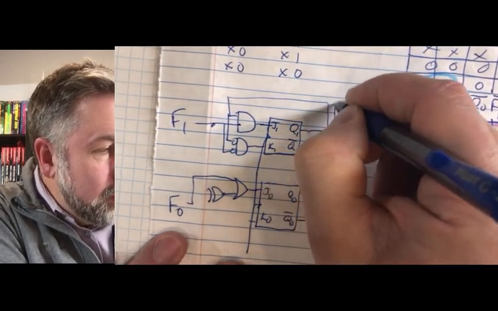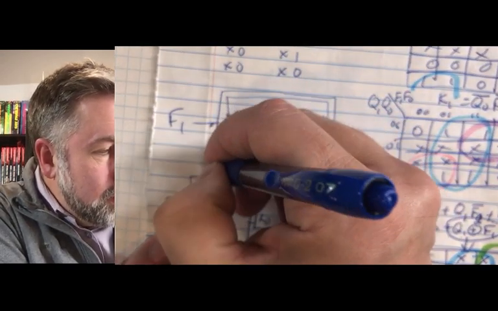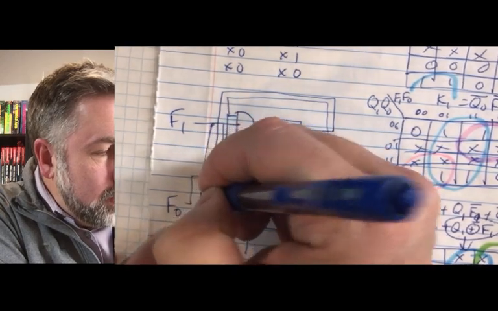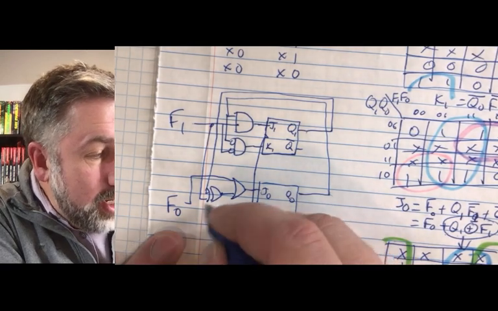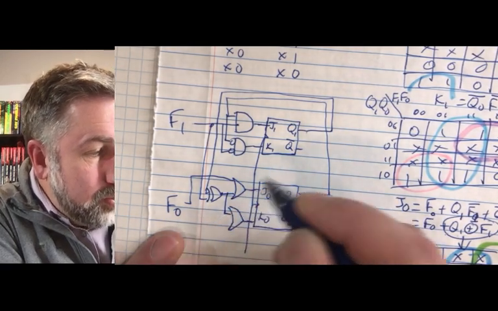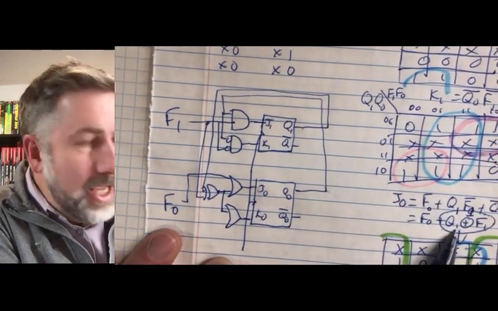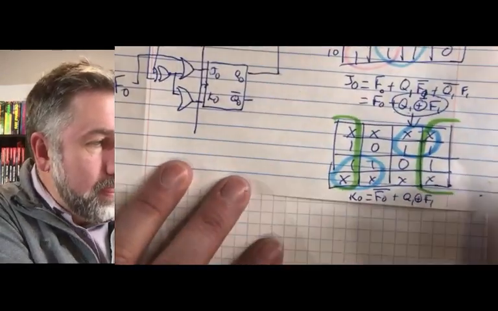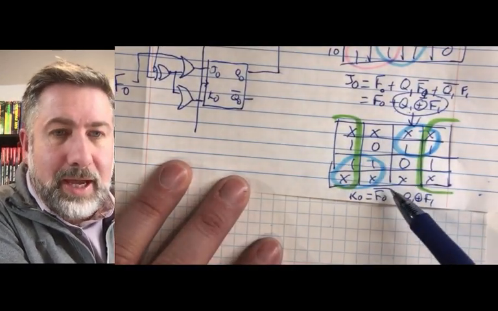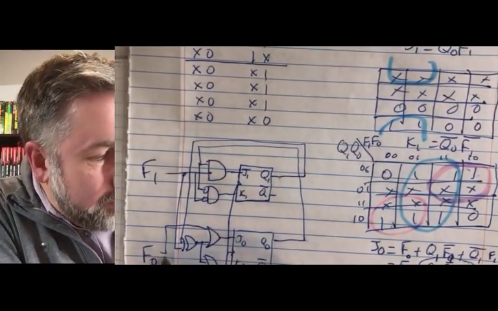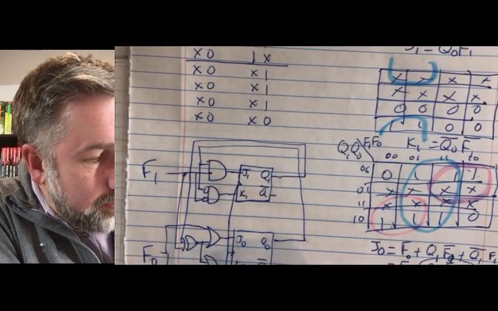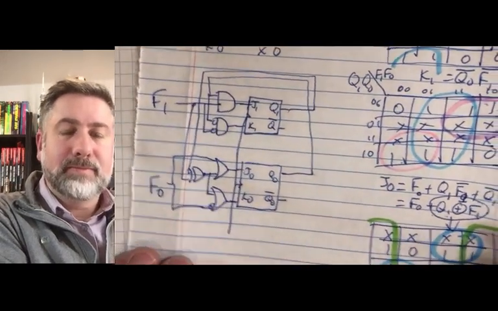So we'll bring Q1 around like this, Q1, F1, and that, again, we saw was actually shared between those two terms. It's the same exclusive OR term for both of those. And this one is ORed with F0. This is ORed with F0 prime. So F0 prime, and we're done.